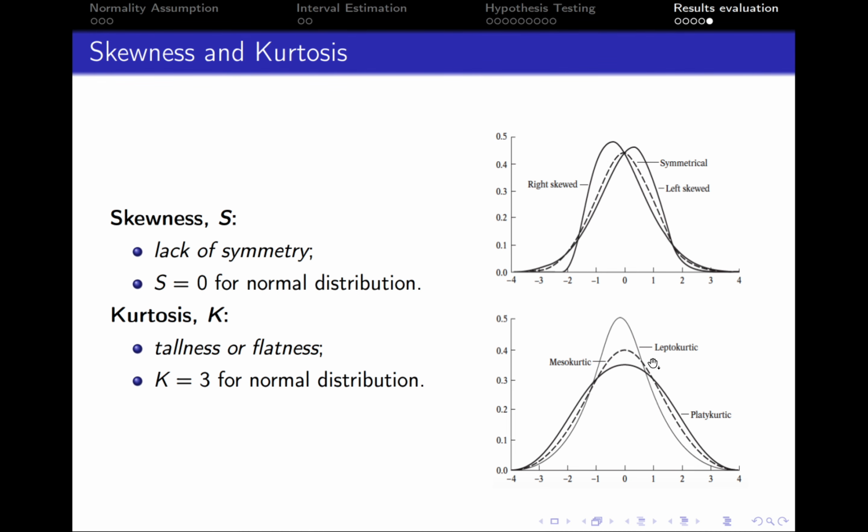However, if it is too tall or leptokurtic, then the error term is no longer normally distributed. Or if the curve is too flat, like this platykurtic case, then again the variable is not normally distributed. And as I told you before, k should be equal to 3 in case of normal distribution.